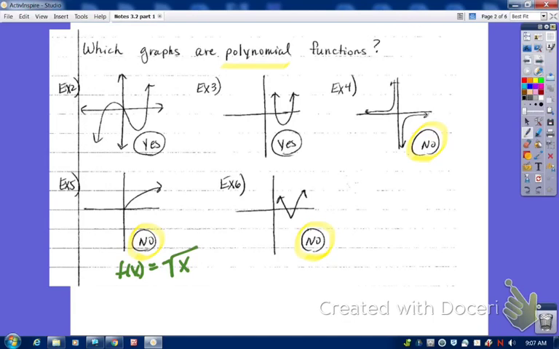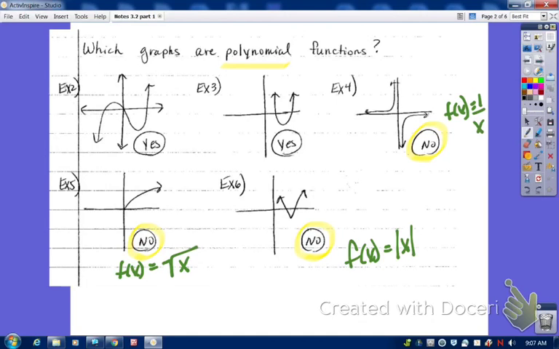How about example 6? That would be the absolute value graph, and that would not be a polynomial. So everything we talk about with polynomials wouldn't apply to that graph. And then lastly, number 4, you haven't graphed a lot of these yet, but this would be where we have a variable in the denominator.